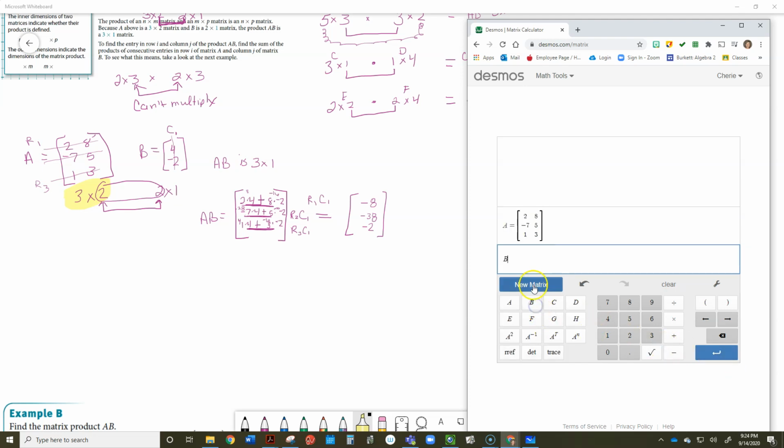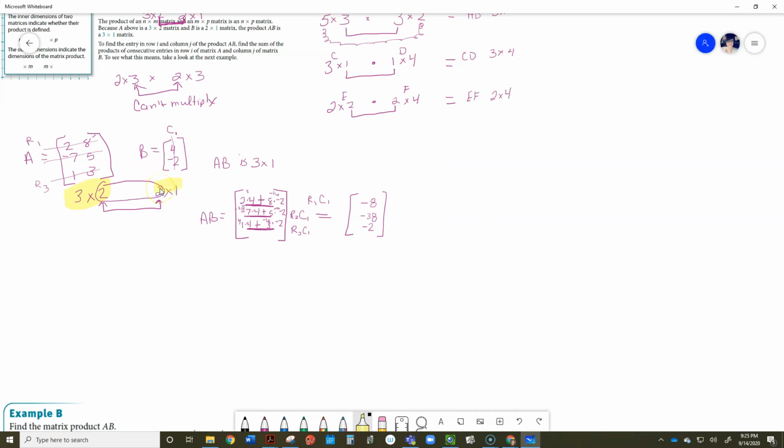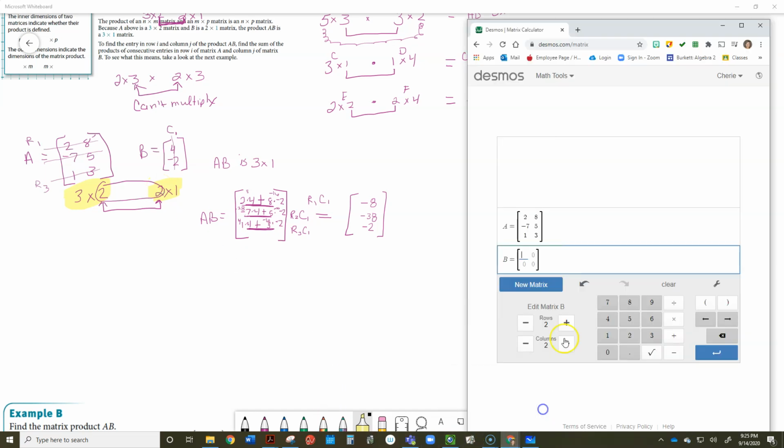I'm going to do matrix B. I named it B and press enter. And this one, what size is this one? Here's the size right here. It's a 2x1. So I'm going to say 2x1 and enter the numbers 4 and -2.